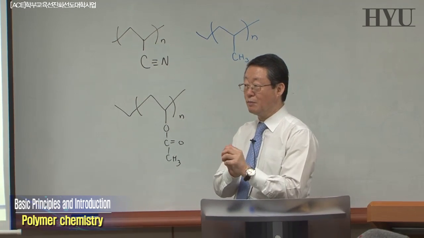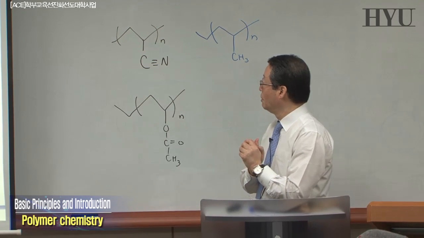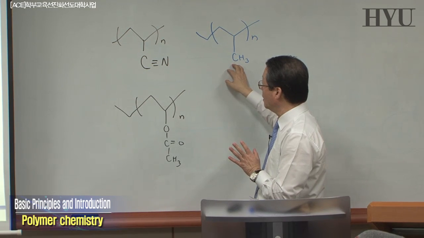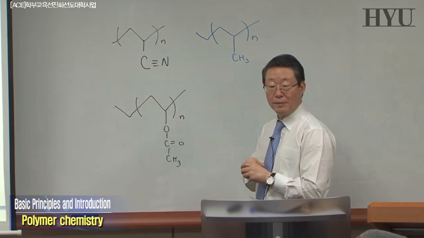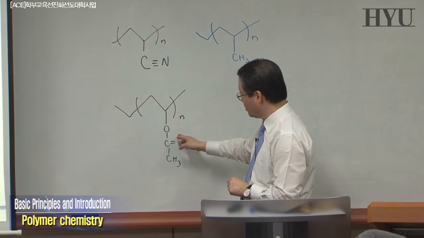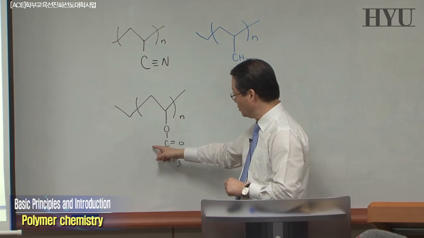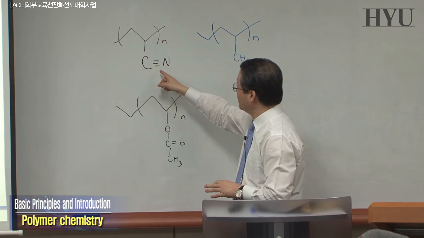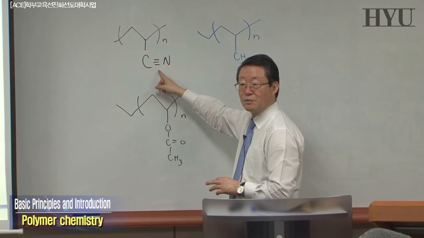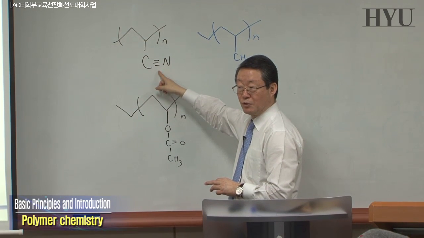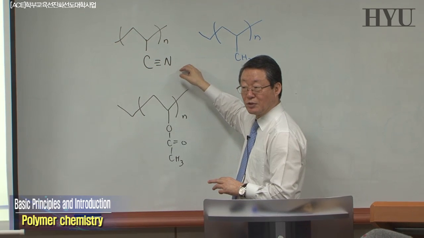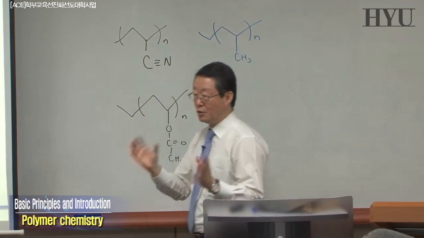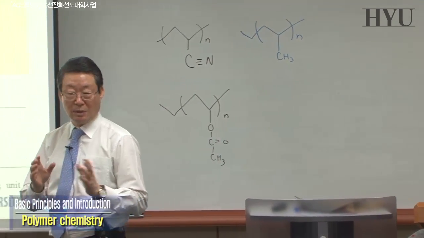If you have a hydroxyl group, it's water soluble. If you have a methyl group, it's not water soluble, but very hydrophobic. Acetate is water soluble as well because of the hydrogen bonding capability with water. With nitrile, it's not water soluble, but it becomes a very strong material because of the dipole-dipole interaction between the cyano groups. So material property depends upon the chemical structure.